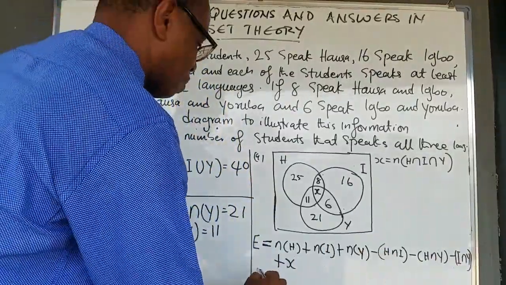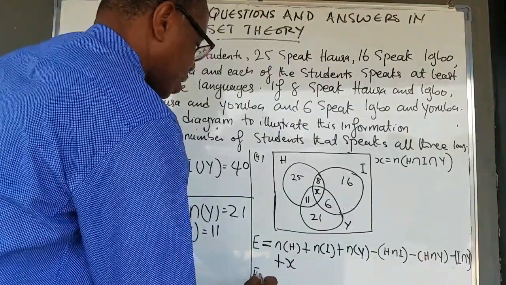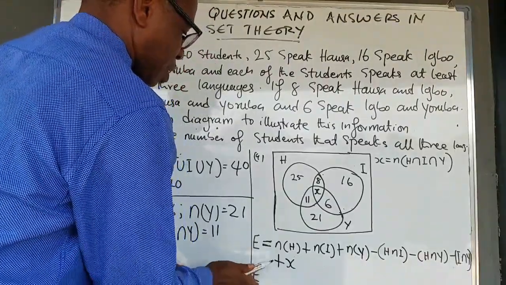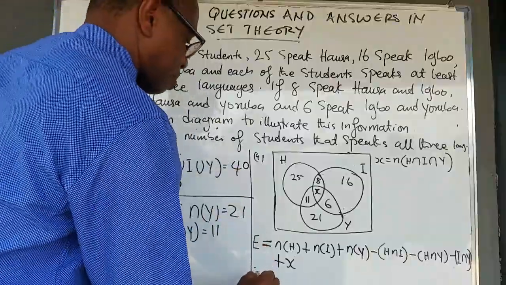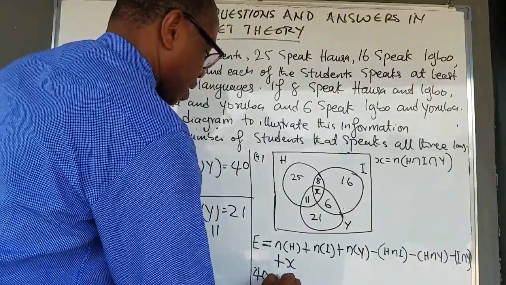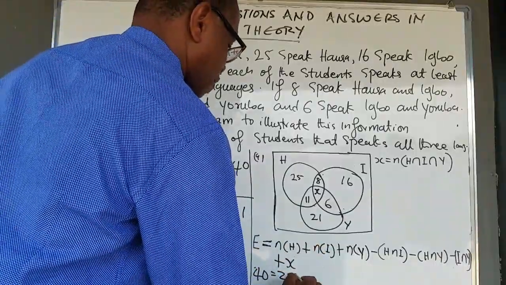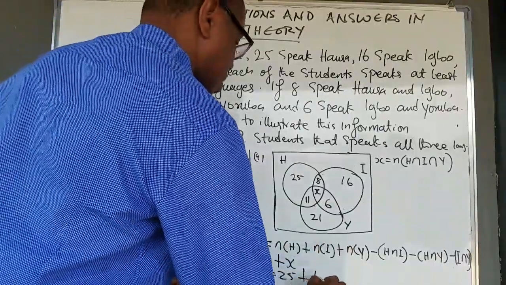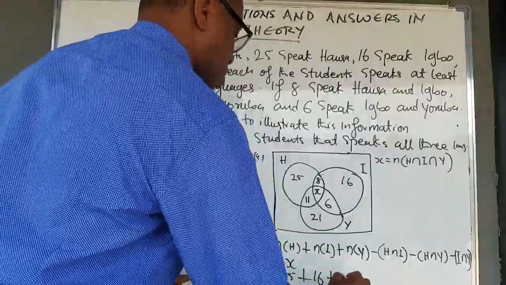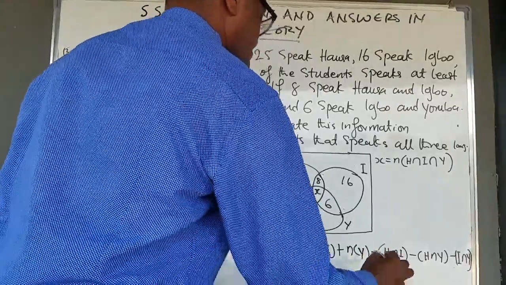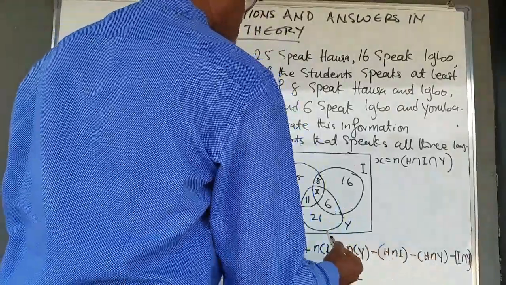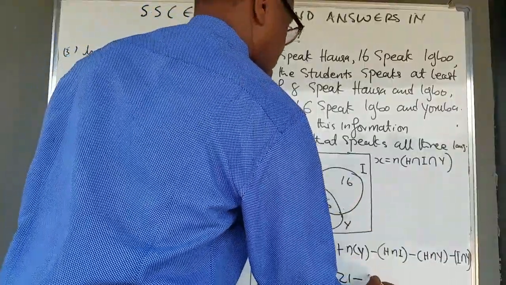So what we now have will be E is equal to, so we already know what E is. Sorry, E is 40. That means 40 is equal to number that speak Hausa is 25. Number that speak Igbo is 16. Number that speak Yoruba is 21. Minus those that speak Hausa and Igbo, from our diagram here, is 8.